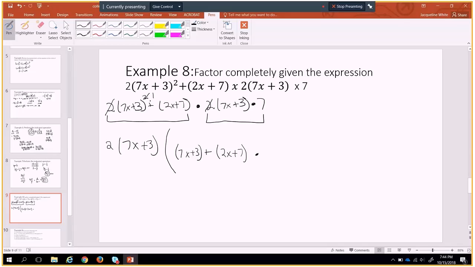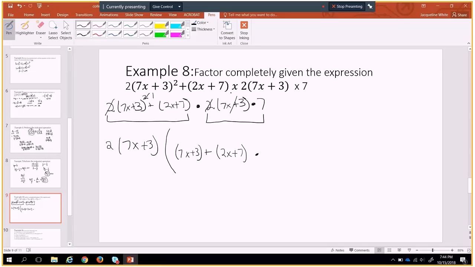I'm just going to put that as 1. We took a 2 out, so that's canceled. And we took a 7x plus 3 out. So that's also canceled. All right, and all we're left with on this side is a 7.